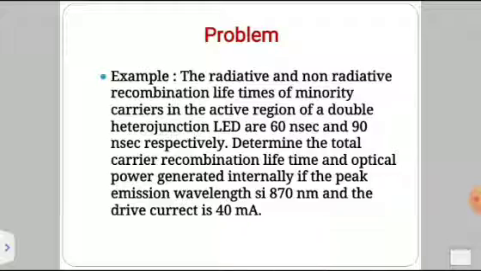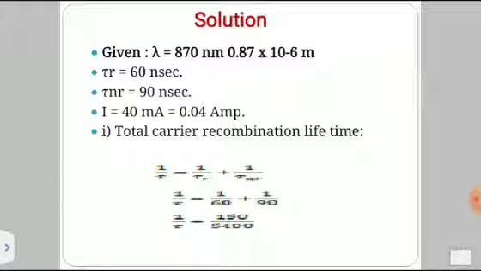Determine the total carrier recombination lifetime and the optical power generated internally if the peak emission wavelength for silicon is 870 nanometer, and the drive current is 40 milliamps. Let me go through the given data, and afterwards we can find the solution using the formulae.